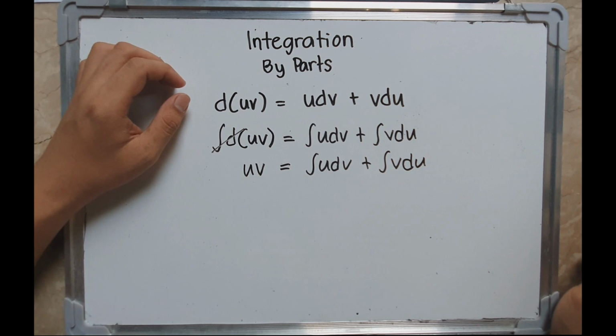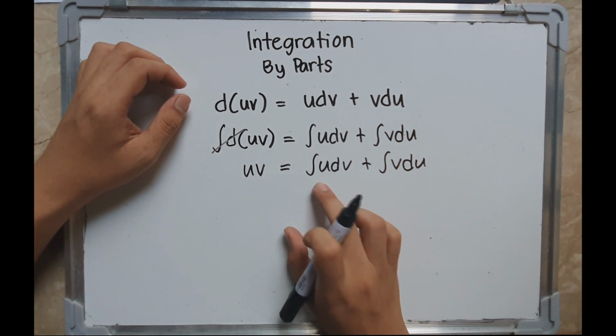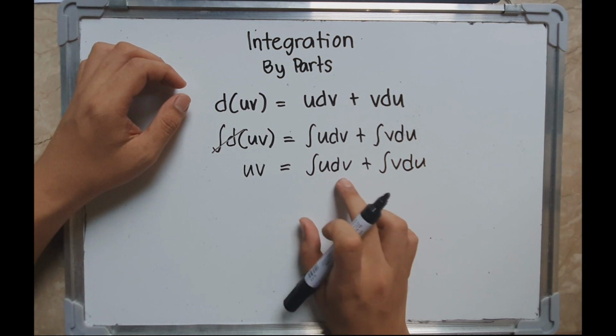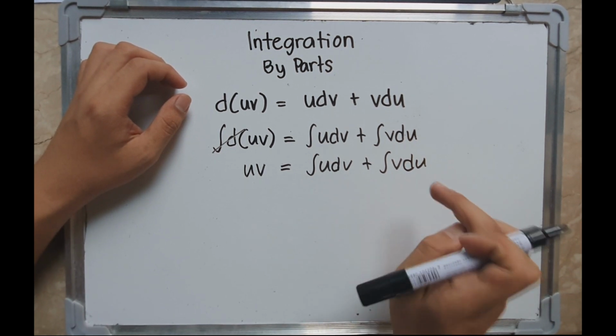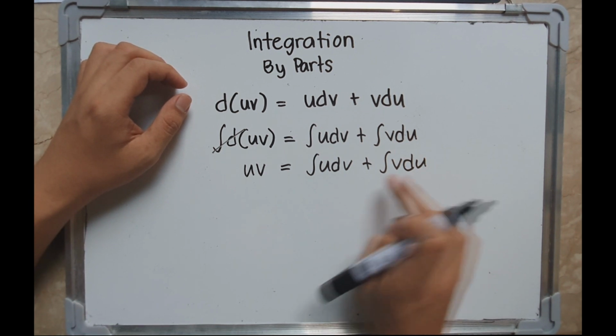Okay, so let's come to the formula that we will be using here at integration by parts. We will be using this one, the integral of u dv. We'll be transposing the integral of v du to the other side of the equation.